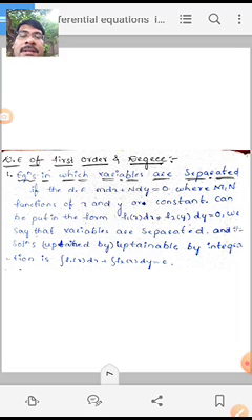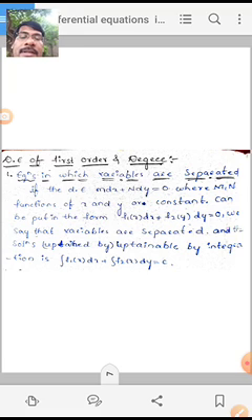The first method is the variable and separable method. Here is an equation in which variables are separated. If the differential equation m dx plus n dy, where m and n are functions of x and y, can be put in the form f1 of x dx plus f2 of y dy equal to 0, here we have to separate the x variable and y variable and integrate on both sides.